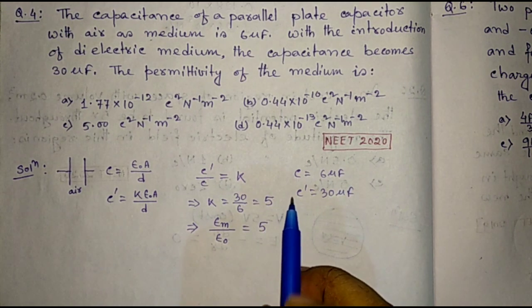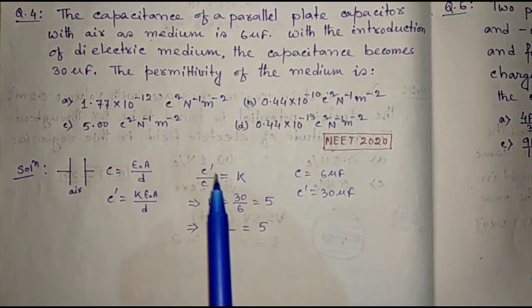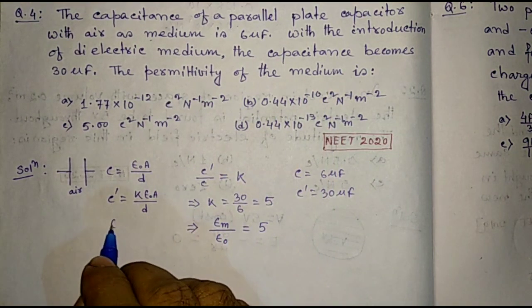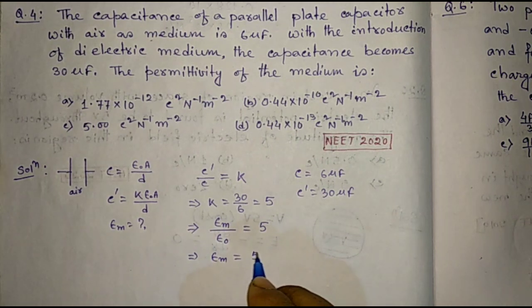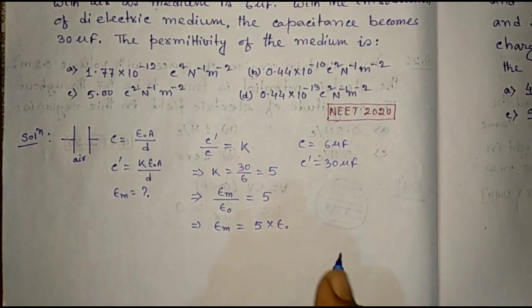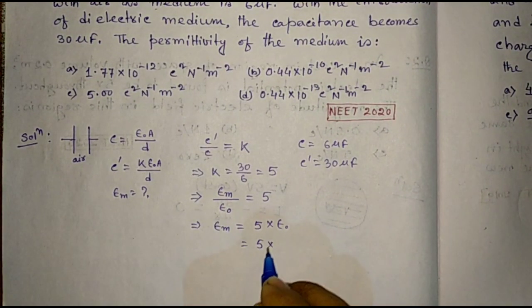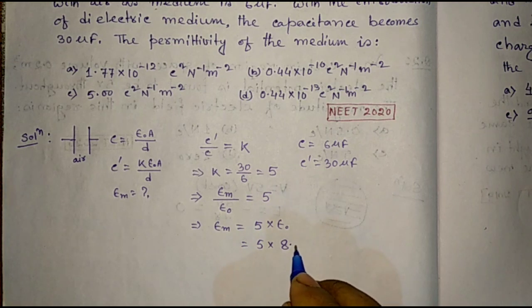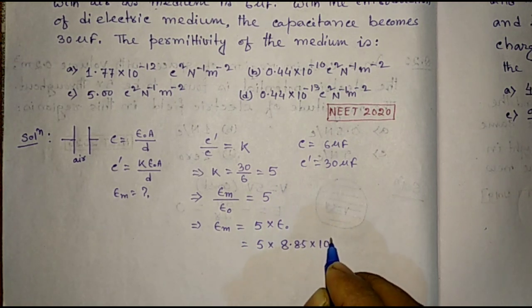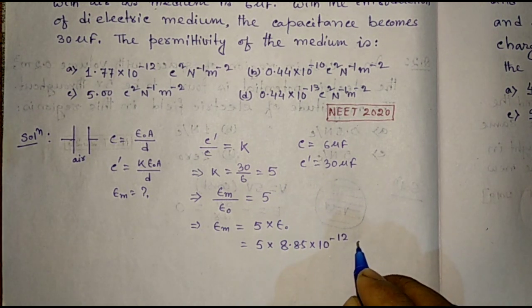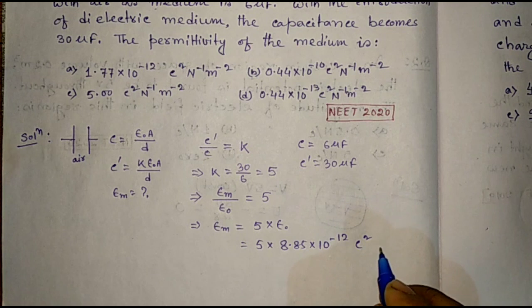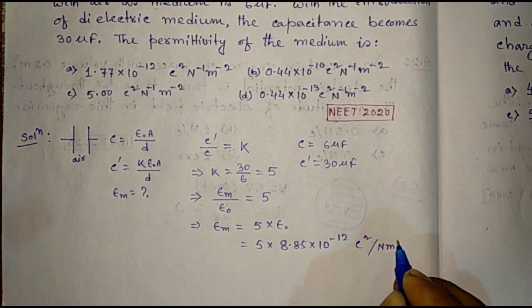Now what we have to find out? The permittivity of the medium. This is epsilon m is equals to what? So now epsilon m is equals to 5 into epsilon naught. We know the value of epsilon naught, 8.85 into 10 to the power minus 12, and the unit is Coulomb square per Newton meter square.